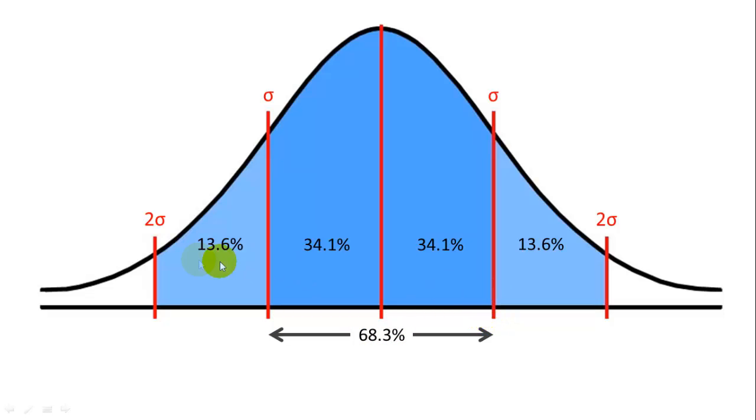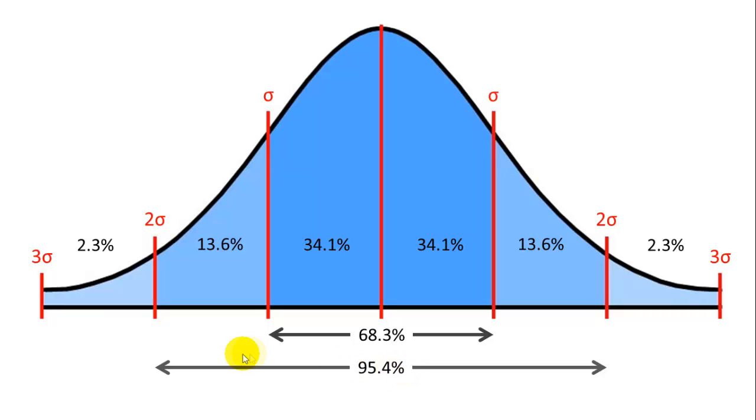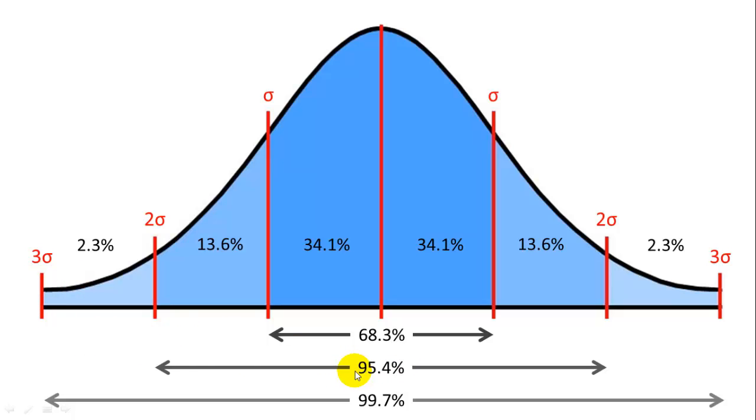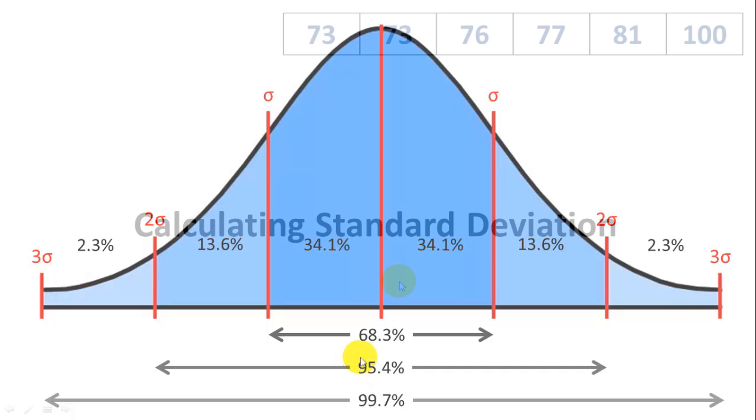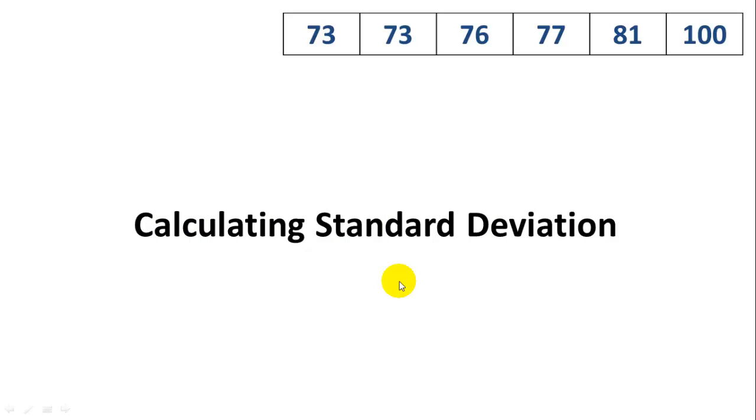Plus or minus 2 standard deviations from the mean usually includes about 95.4% of the data if it's in a normal distribution. This is only for normal distribution. And plus or minus 3 standard deviations from the mean includes 99.7% of the data.